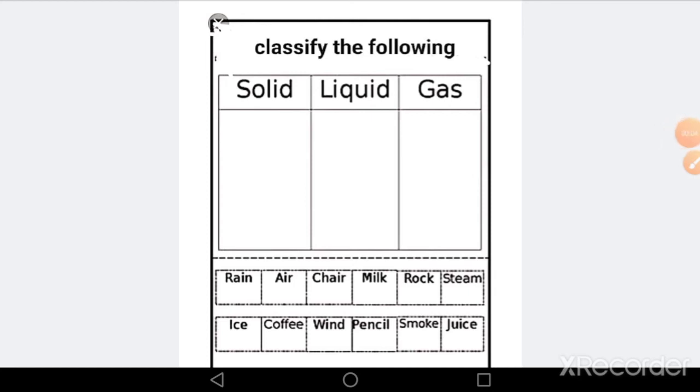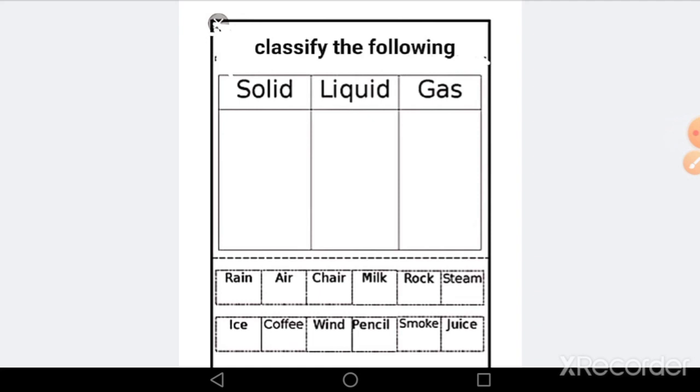Now let's solve the worksheet. Classify the following into solid, liquid and gas. So here you just have to see the things which are usually hard and have a fixed shape will come into solids, because in solids the particles are packed very close to each other.